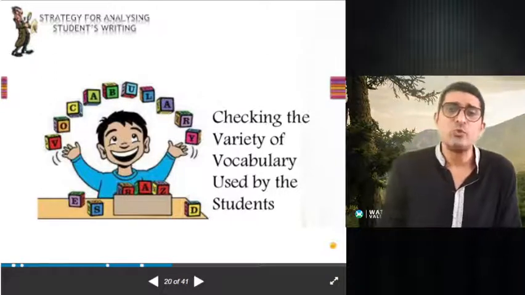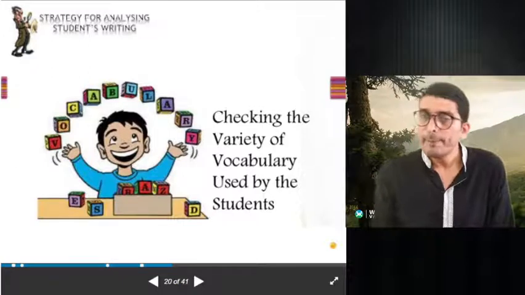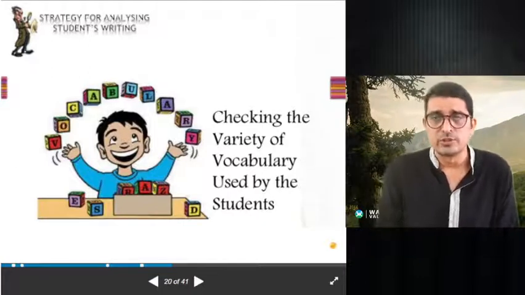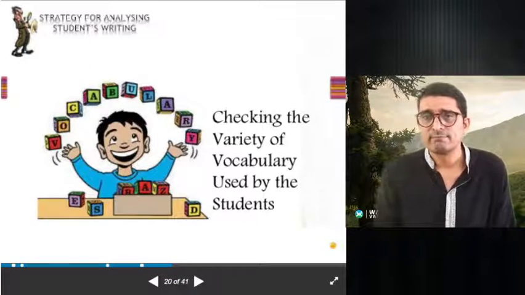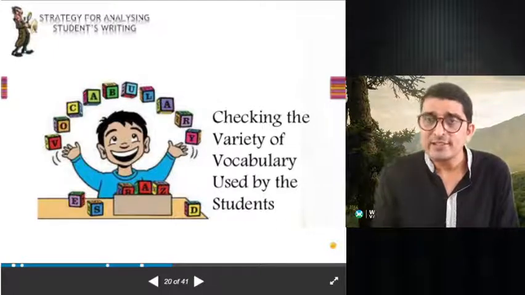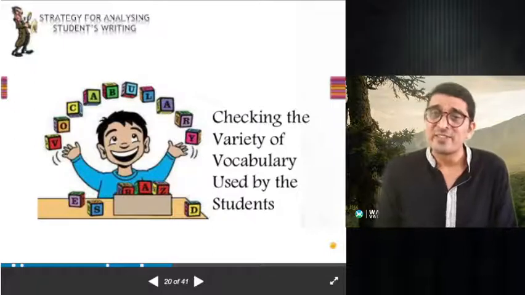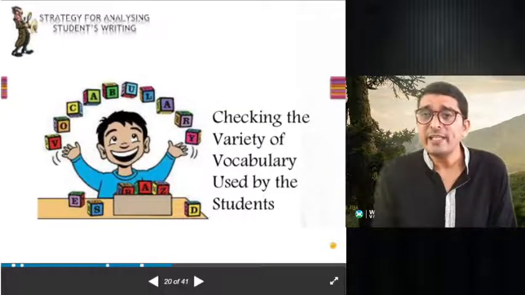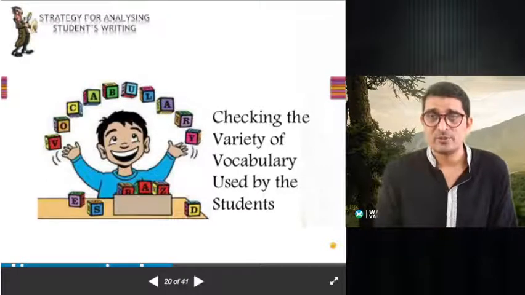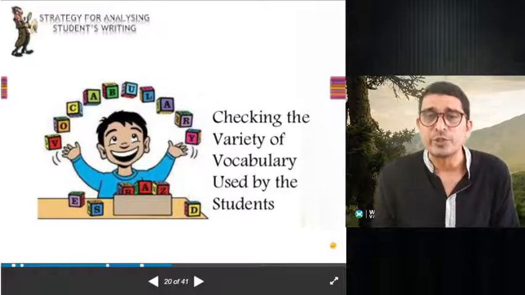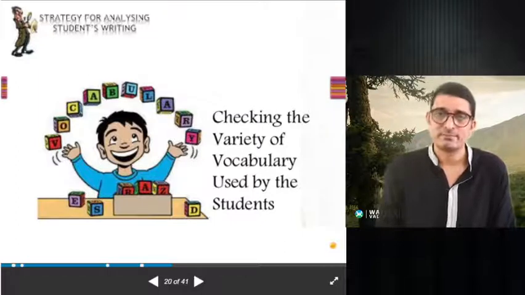Passive vocabulary is the stock of words which you can understand when others speak or write, but you can never use them in your sentences when you speak or write.